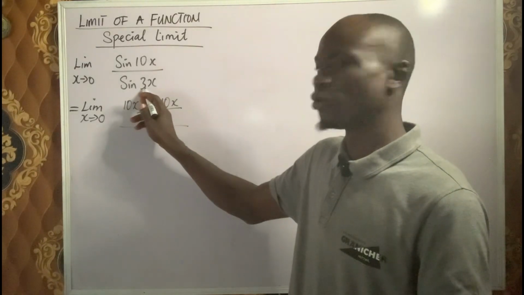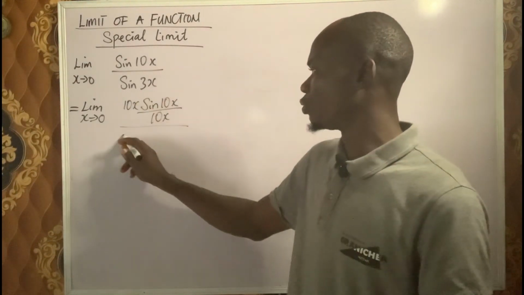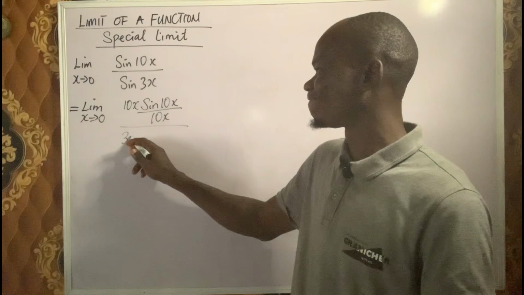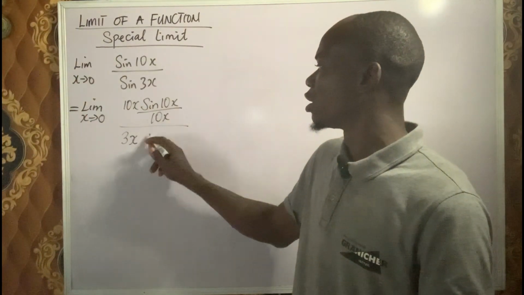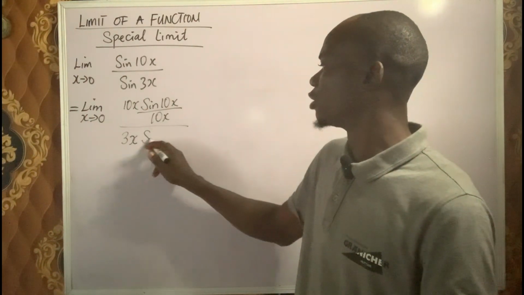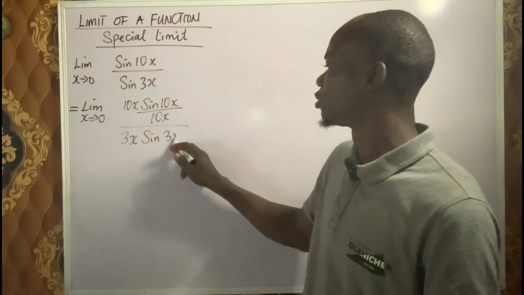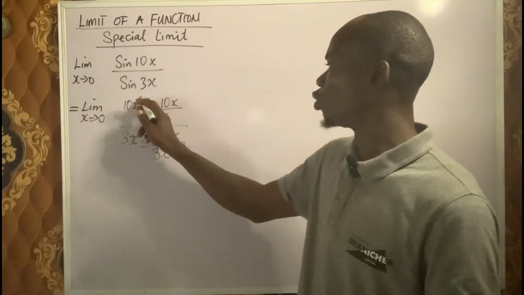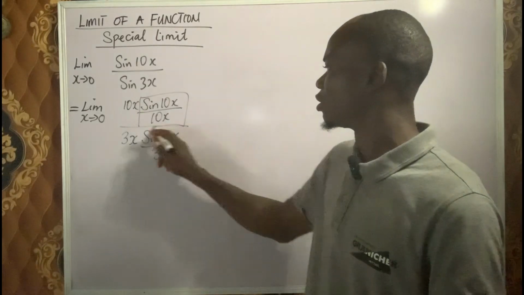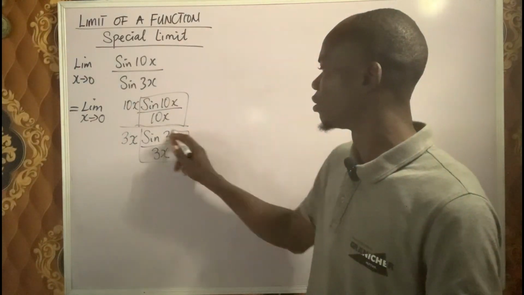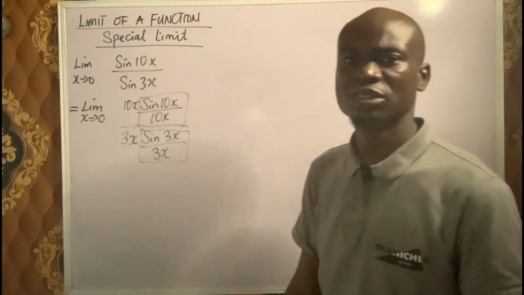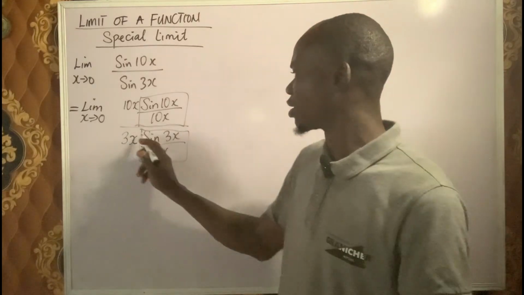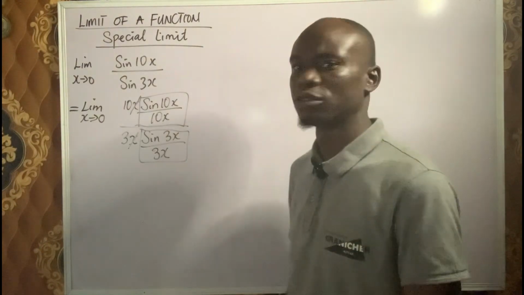The denominator is carrying 3x. So this will be 3x sine 3x over 3x. This is what we need, so we can deal with the others individually. In that case, x can cancel out.